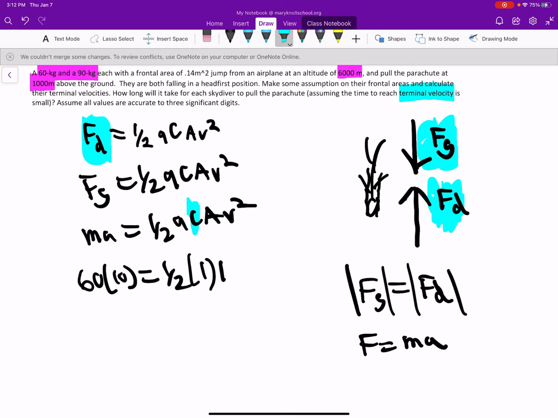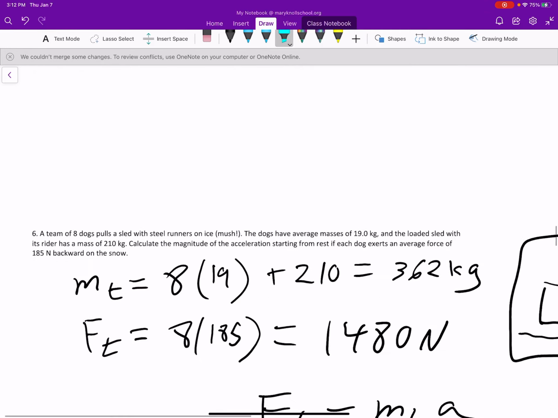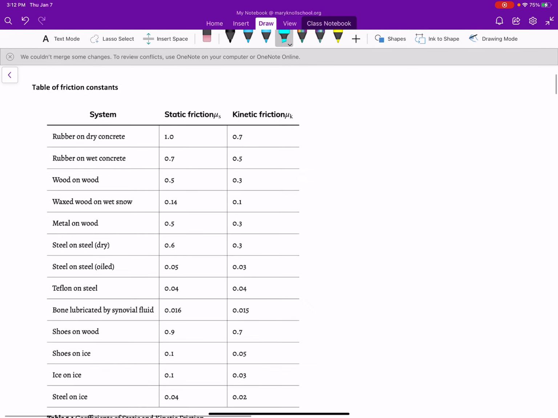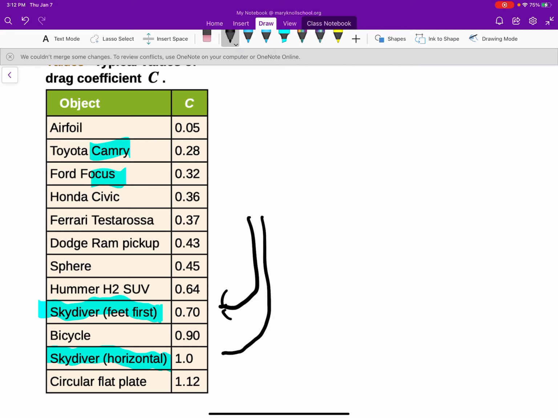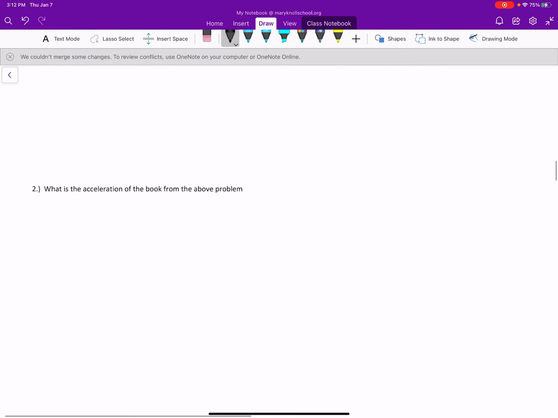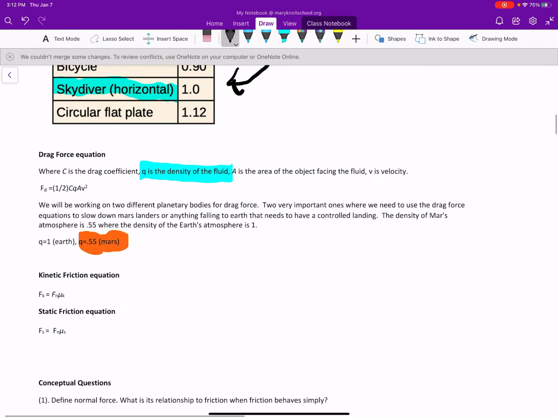So C is the orientation, or the object that we're looking at. So we look at a Toyota Camry here, Ford Focus, skydiver foot first, and a skydiver horizontal. So we're definitely dealing with the skydiver, but which one? I think we should use the foot first skydiver, because that's most similar to our situation, which is the head first. Head first. Okay, so let's use, it says 0.7.